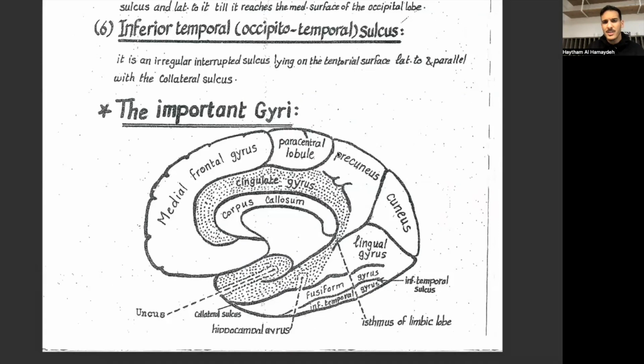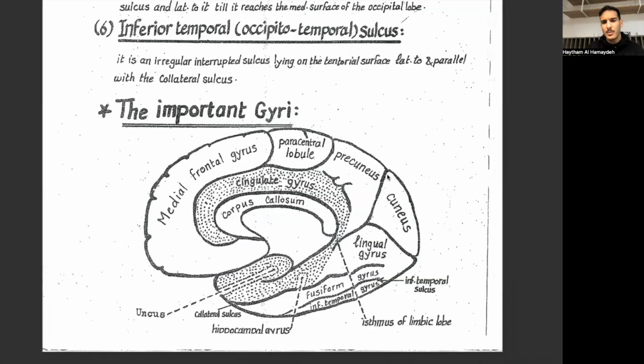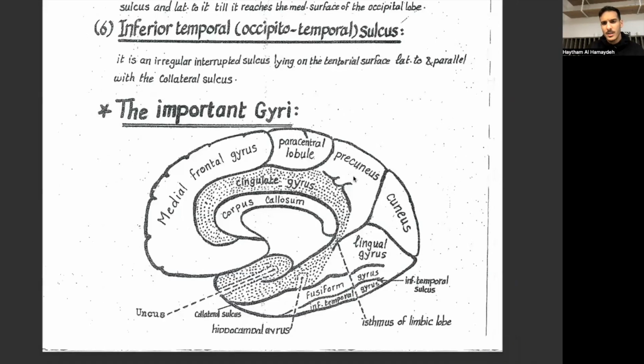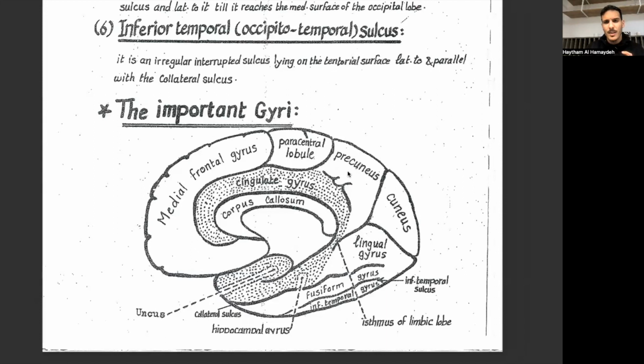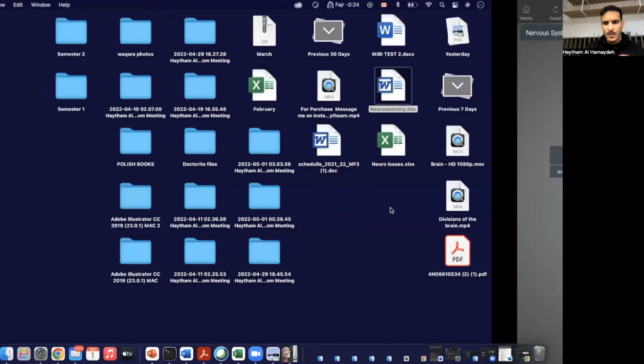Then we have the paracentral lobule, which is probably this one. Then we have the precuneus, somewhere here, and then we have the cuneus. Give me a second. Where did it go?